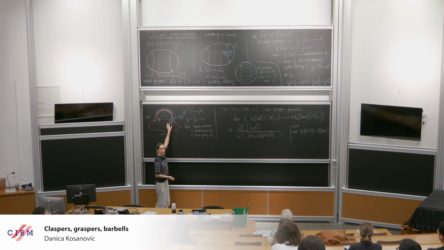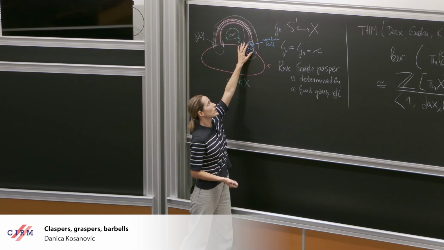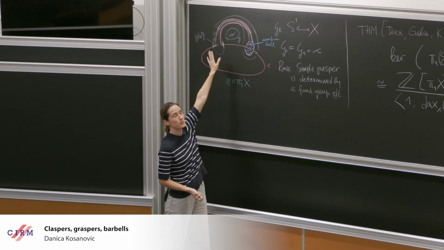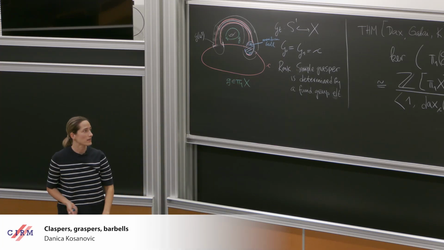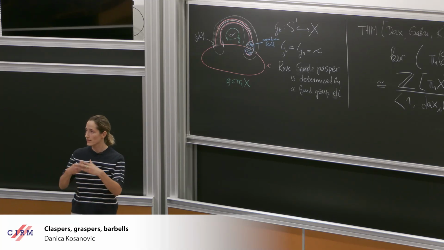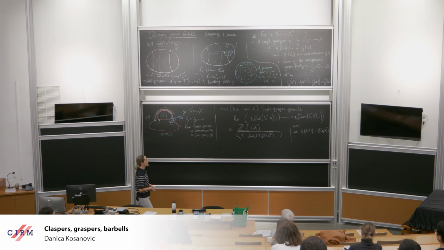So I restricted this embedding of S2 cross D2 to really be just a neighborhood of a little meridian. And that's why I claim that this is completely determined by this group element. But I agree, and this is exactly the point, that you could do more complicated things. You can find interesting 2-spheres in your manifold and do the twirling isotopy around them. And many such things actually live here.